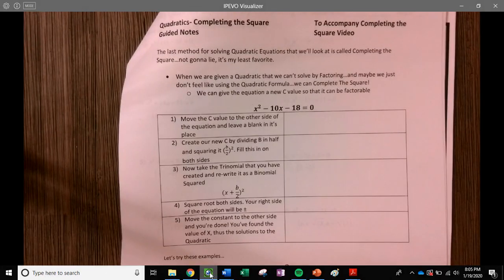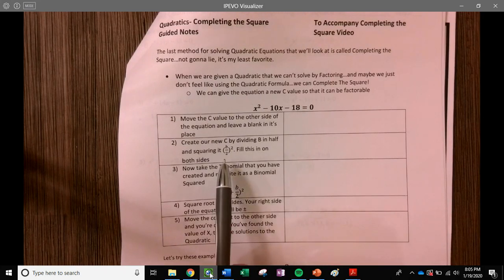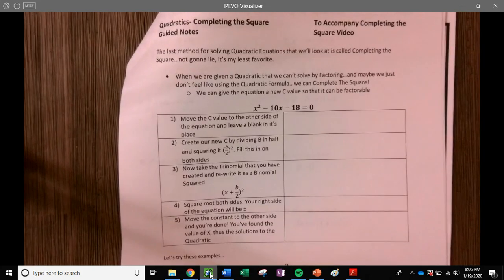You've got to have a naked variable. You've got to have an even b value. Doesn't matter if it's positive or negative, but it's got to be even, because part of this whole thing, as you can see if you look down, is dividing b by 2. And you can't get a decimal. So again, one of those methods, just like graphing and factoring, that will not work every time.